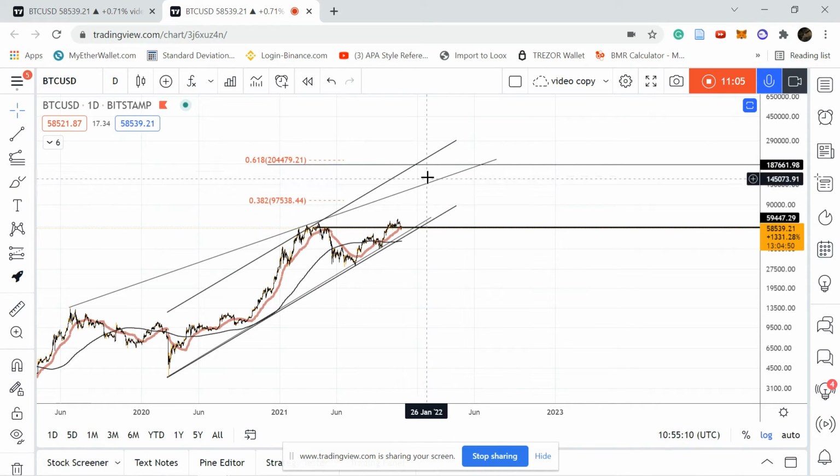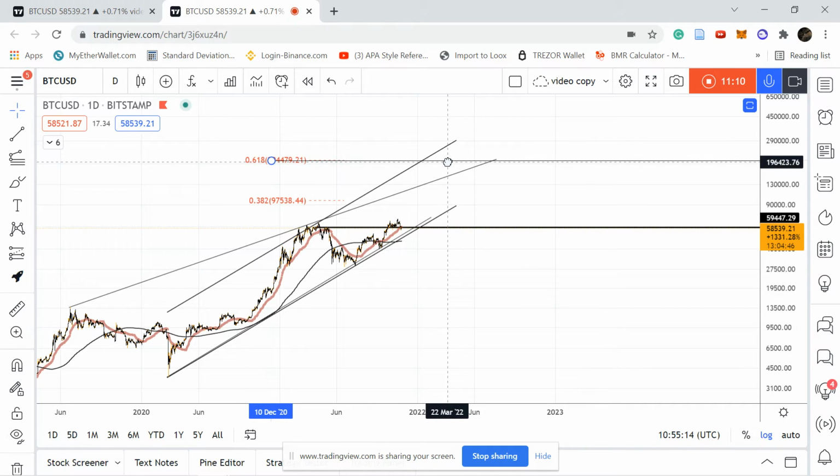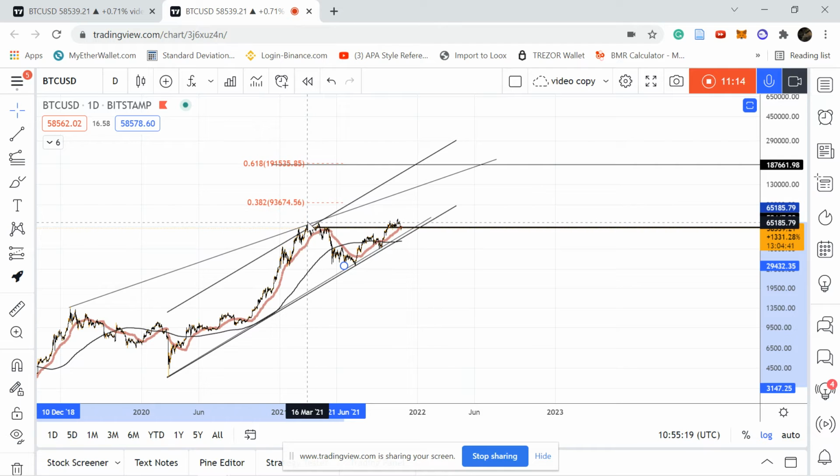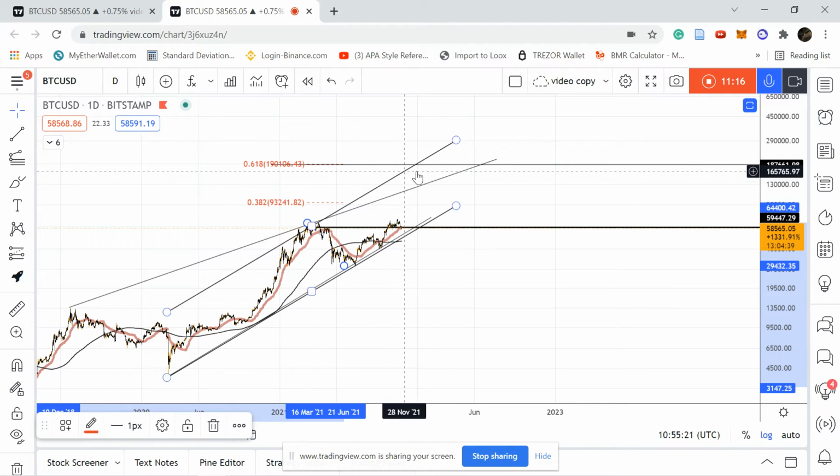Okay, I'm still sticking to my 185, sorry, 180. That's because I moved it. 185 target for Bitcoin. This is because I really strongly like the 0.618. I found that it works really well in general. And if we see this one, it would push us through to June.